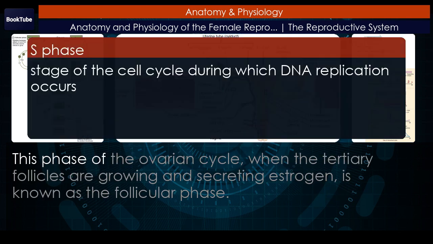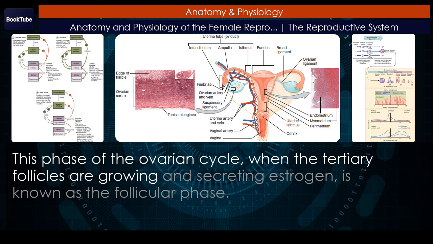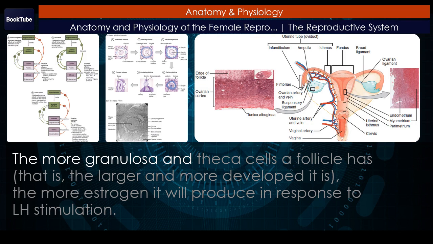This phase of the ovarian cycle, when the tertiary follicles are growing and secreting estrogen, is known as the follicular phase. The more granulosa and theca cells a follicle has, that is, the larger and more developed it is, the more estrogen it will produce in response to LH stimulation.